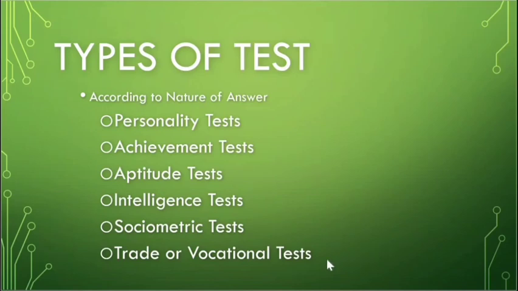Next is trade or vocational tests. From the words trade and vocational, this measures the individual competence or knowledge of a learner in terms of a particular occupation. For instance, for baking, they would test your skills about baking.